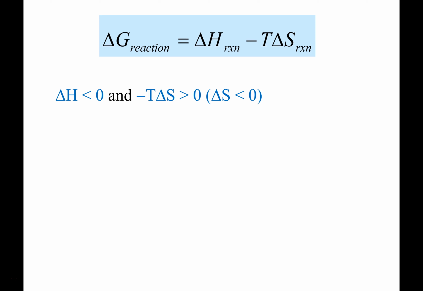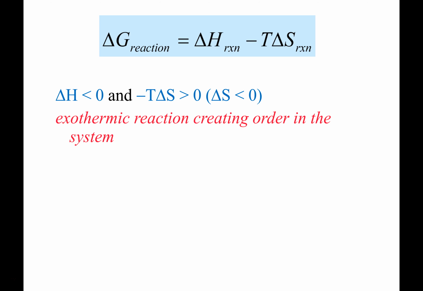Well, let's mix it up a little bit. Some of the scenarios we looked at were the sublimation or the condensation. Here delta H is negative still, exothermic, but now delta S is negative. Delta S negative means it's becoming more ordered, going against the grain. That disfavors spontaneity.